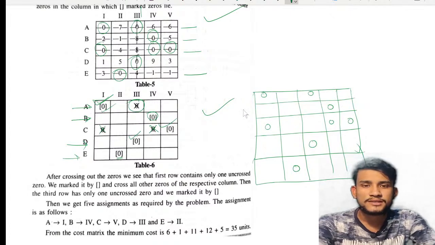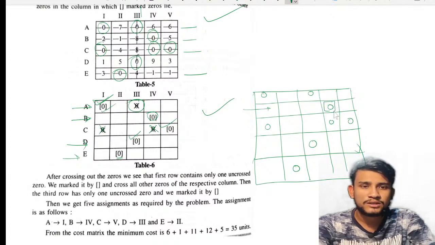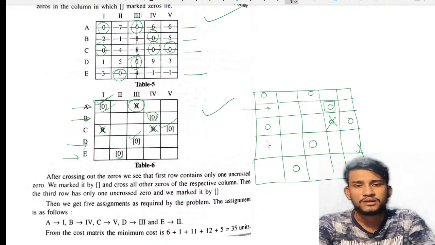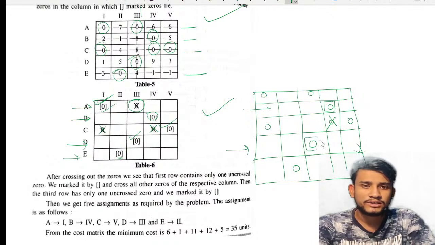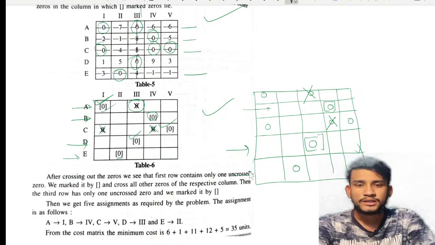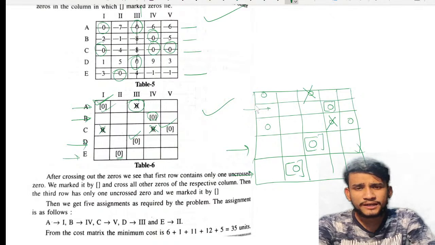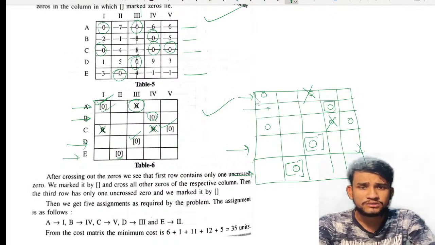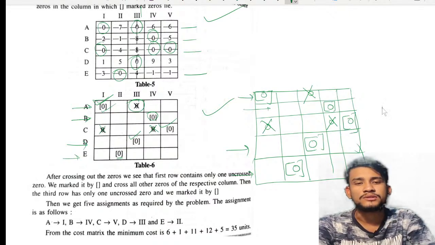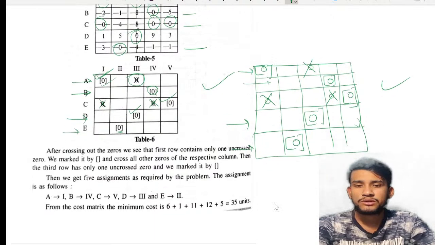So see, this is a single 0, therefore we choose this one and cross out this one, which is in the corresponding column. Then we choose this 0, there is a 0 corresponding to this column, therefore this is crossed out. There is a single 0, therefore we choose this one. And then after that, this first row contains 1 0, which is not crossed out, so this one is selected. Okay, so in this way we choose the zeros.